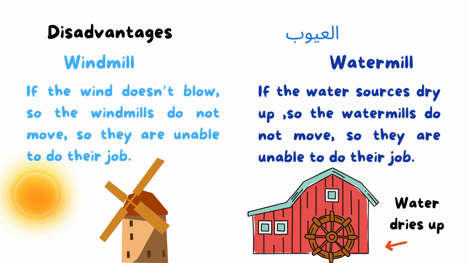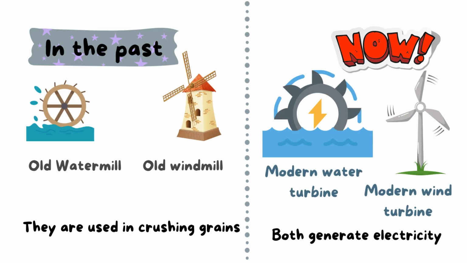Both the windmills and watermills are machines that were used in the past, hundreds of years ago. Okay, so now we use the renewable resources. We use the water and wind, but we use them to generate electricity.